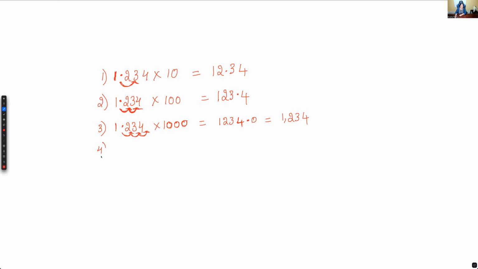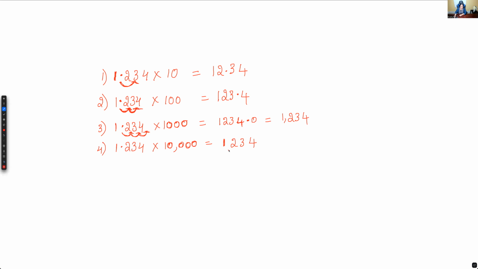So now the same example, if you are taking 1.234 when you are multiplying it by 10,000, because you are multiplying it by 10,000, we have to move the decimal point four places. So what is our original number? 1, 2, 3, 4.